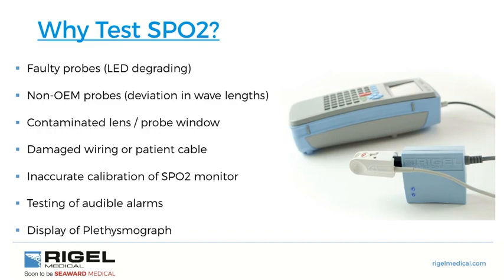You might have a contaminated lens, or the probe window might be contaminated, damaged wiring or patient cable, inaccurate calibration of the SpO2 monitors. So we again look at linearity of parameters and measurement and testing audible alarms. It's also important to display the plethysmograph to make sure that it has the correct characteristics as per service manual.